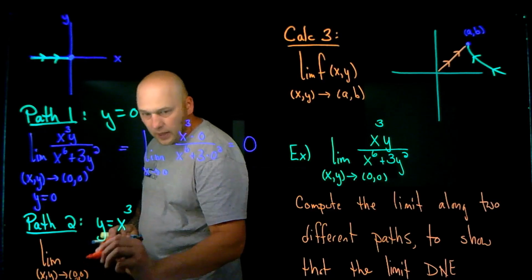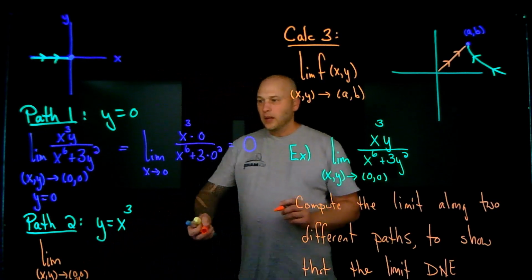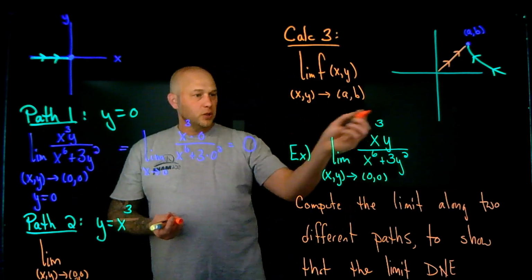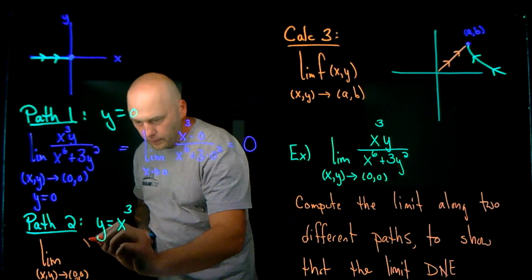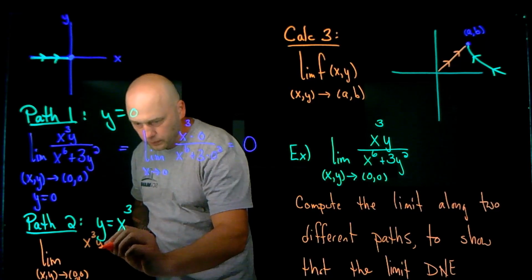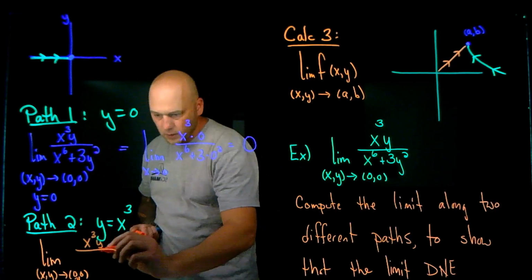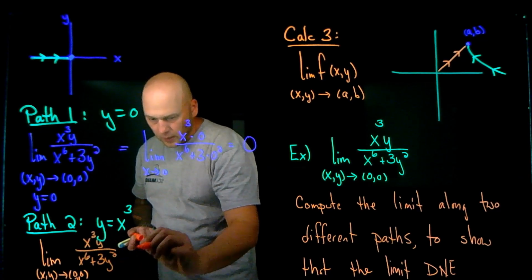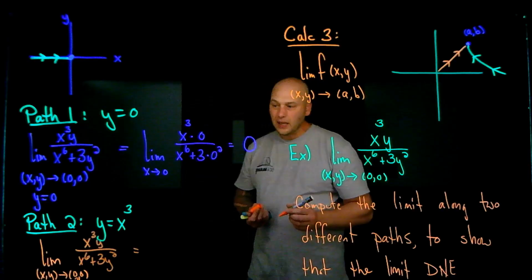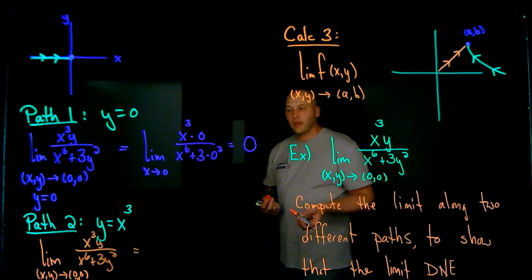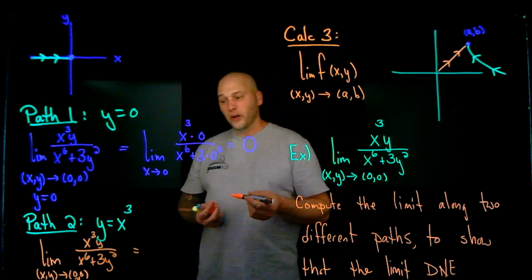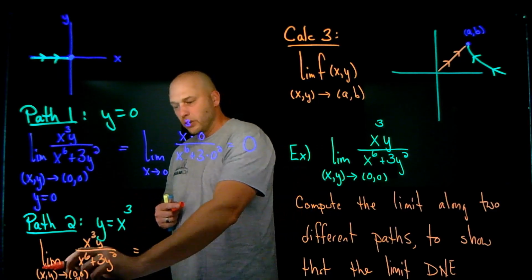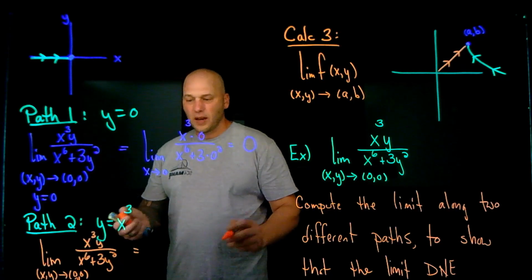Now I squeeze that in there. I don't know if you can even see that, but it's the same notation I did here. And then you've got the expression x cubed y over x to the 6 plus 3y squared. Now, same thing, I'm going to plug in the information for the path, meaning I'm going to replace every occurrence of y with x to the third, and then I'm going to replace this arrow notation, which is x goes to 0.